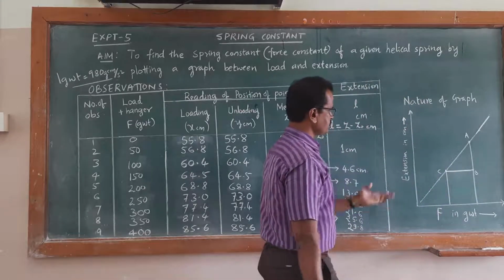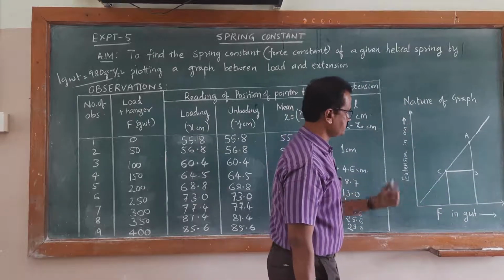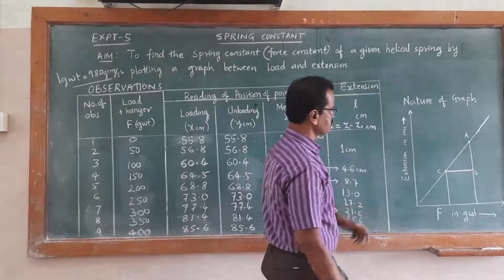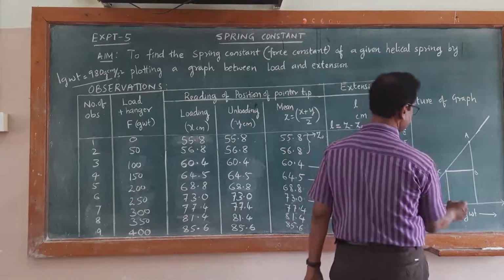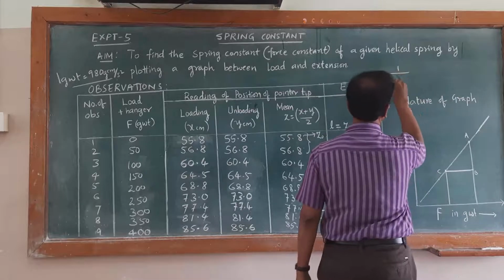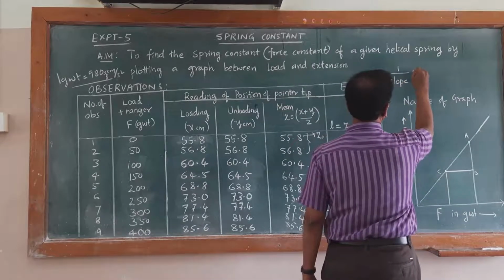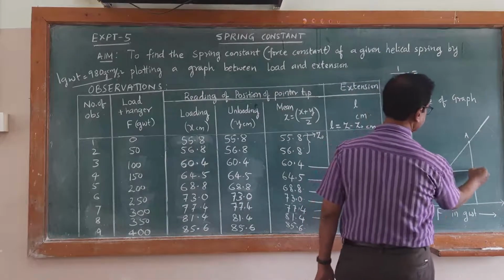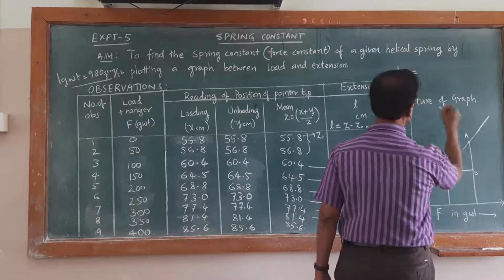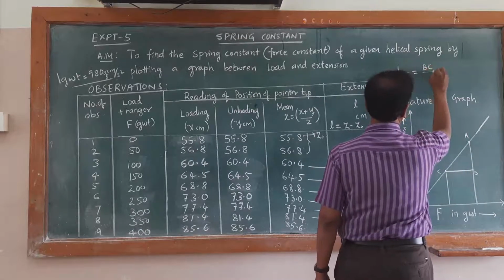Now the slope is actually extension by force, but we want force by extension. Therefore we have to calculate 1 by slope. 1 by slope is equal to BC by AB.